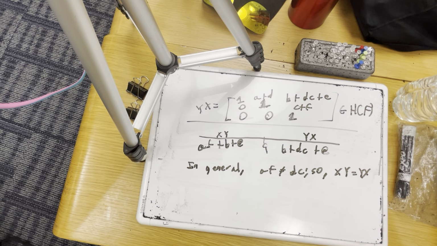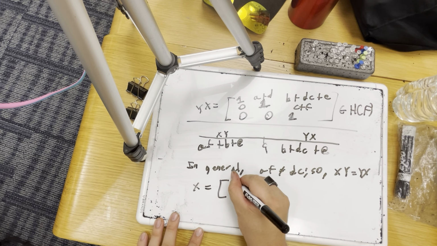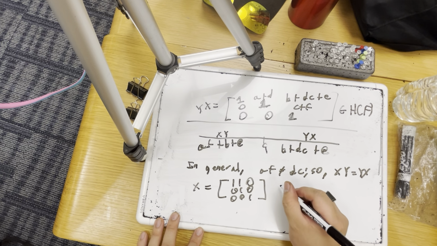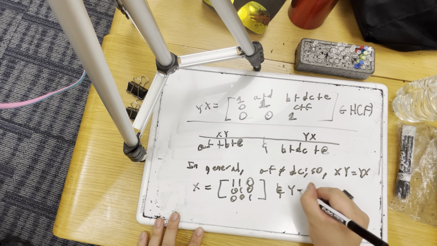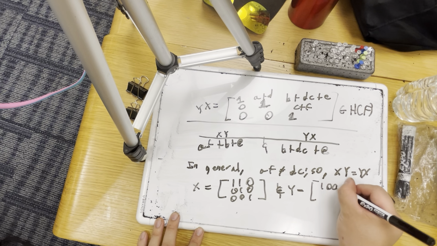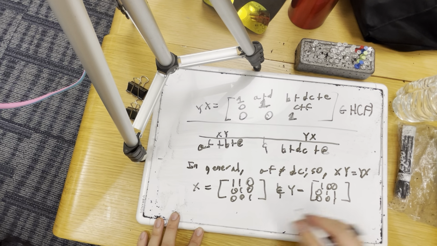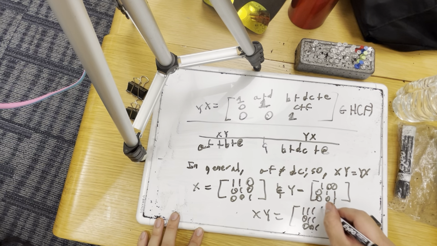If you were to claim that it was abelian, here's something which should dissuade you from that, which is X is equal to 1, 1, 0, 0, 1, 0, 0, 0, 1, and Y is equal to 1, 0, 0, 0, 1, 1, 0, 0, 1. Well, what we get here then is XY is equal to 1, 1, 1, 0, 1, 1, 0, 0, 1.